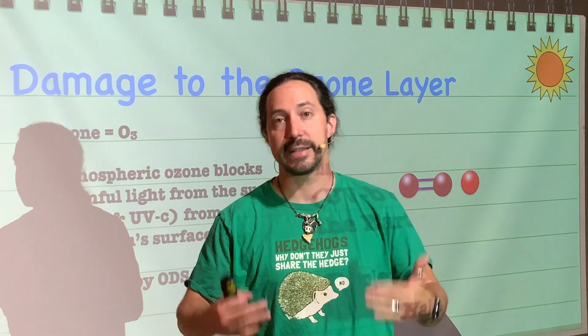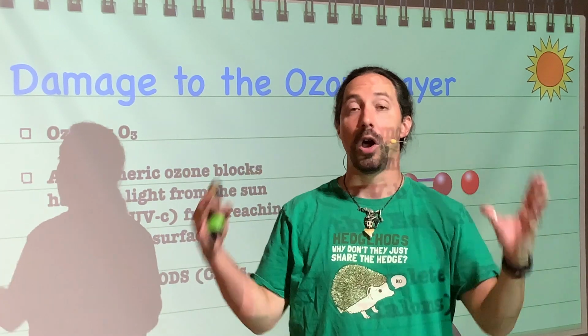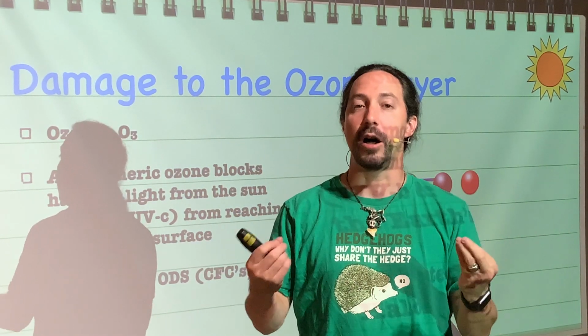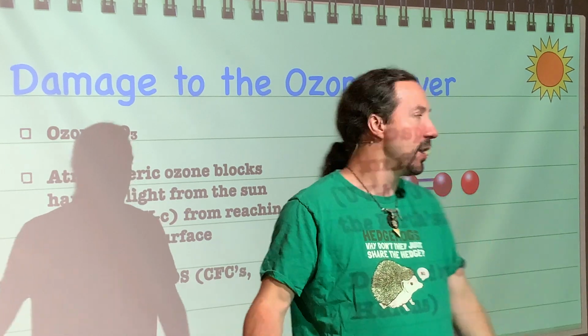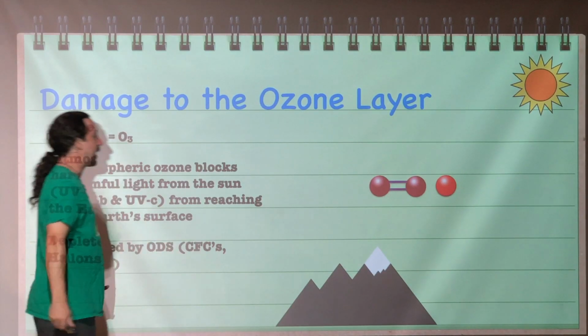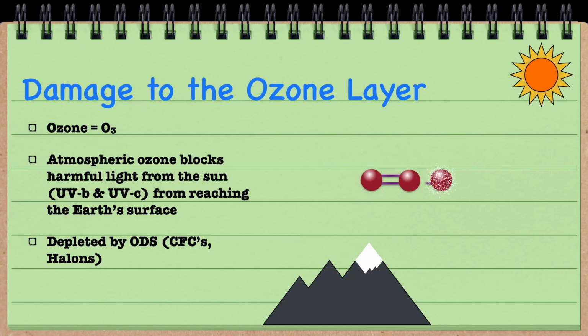It is not stable as a lone atom. It will bond with something else. It has to. We call it a radical because it's highly reactive, and it will react very quickly back with an oxygen molecule, and we end up with ozone again. And that is a very quick process.